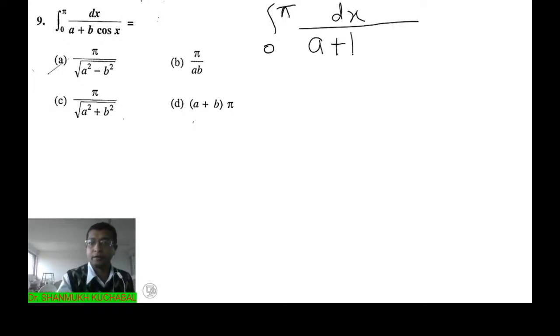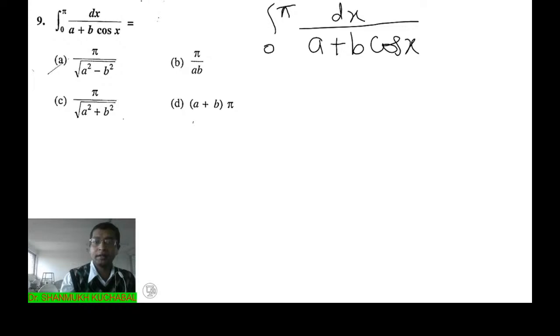Integration from 0 to π of dx divided by a plus b cos x. So the given integral is the integration from 0 to π of dx divided by a plus b cos x. It is also one of the standard formulas.